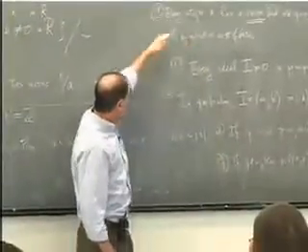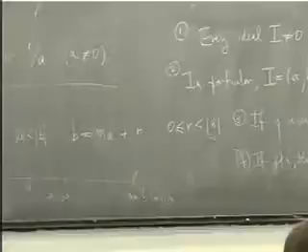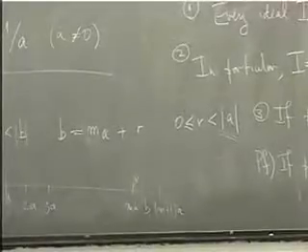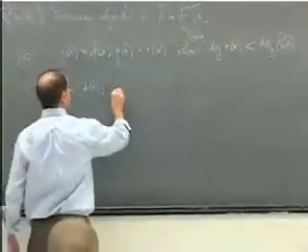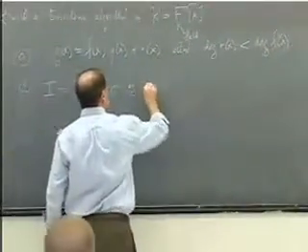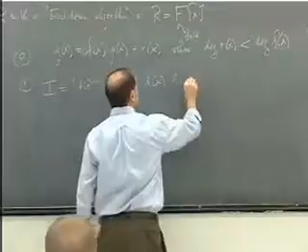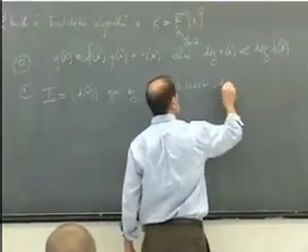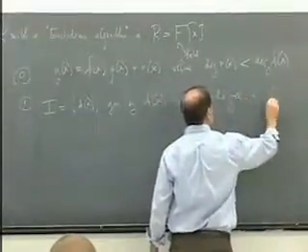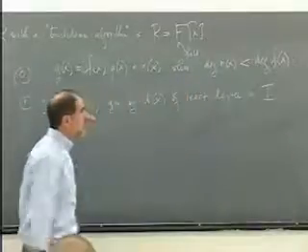All right? And now I can deduce 1, 2, 3, and 4. One is that every ideal is principal, generated by the d(x) of least degree in I. Same proof.